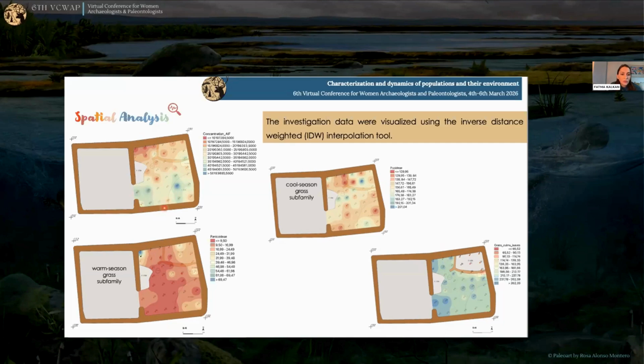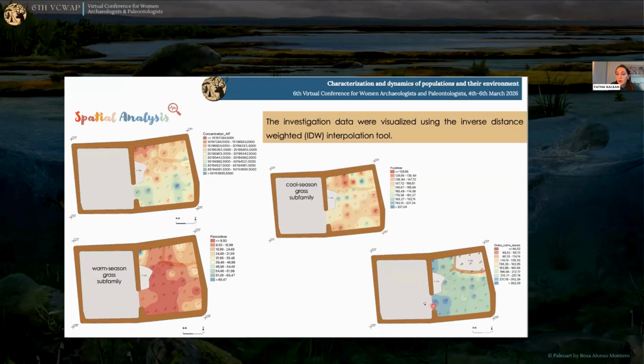Here, on the bottom, Panicoideae grasses are distributed across the floor. There's a peak at the northwest corner, and on the right, the Pooideae subfamily, which is dominating the plant assemblage by being almost 45% of it. The distribution shows peaks in several locations in the main area, including each storage bin.